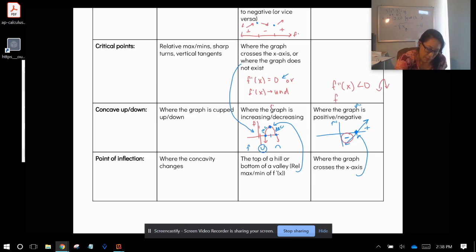And if the graph of f double prime is greater than 0, then the original graph of f is concave up. And then we get inflection points when we switch from being concave up to concave down, or concave down to concave up.